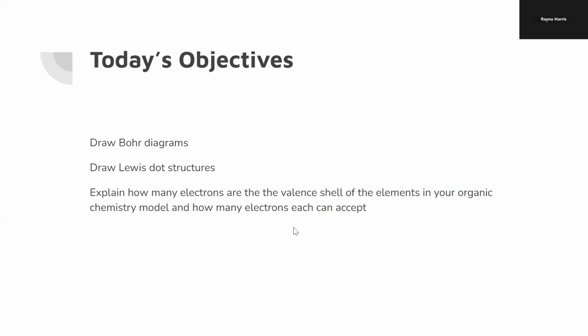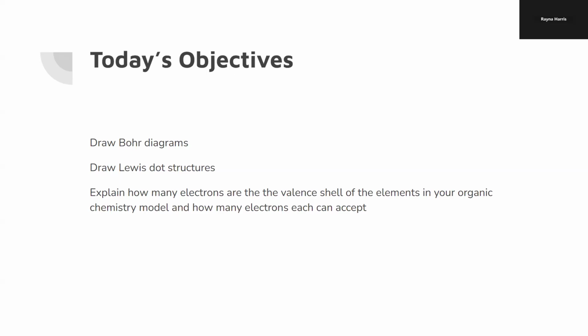Okay, so the objectives for today are that you're going to draw some Bohr diagrams. This is why we all have a handout. Please don't start yet. Then we're going to draw Lewis dot structures, also on this handout.